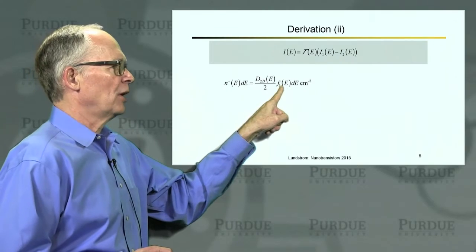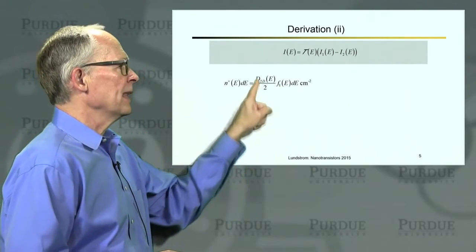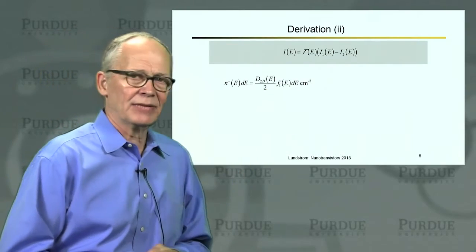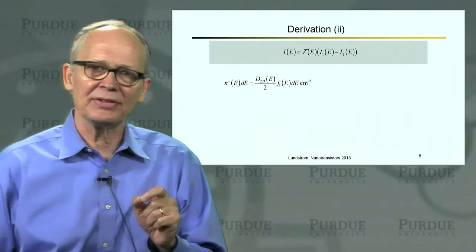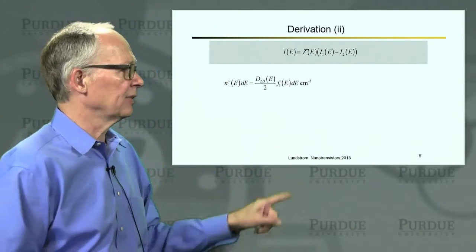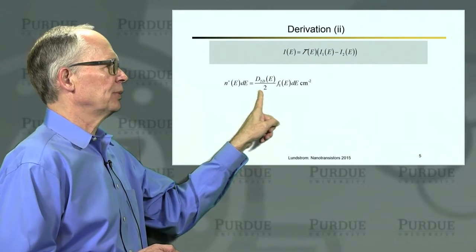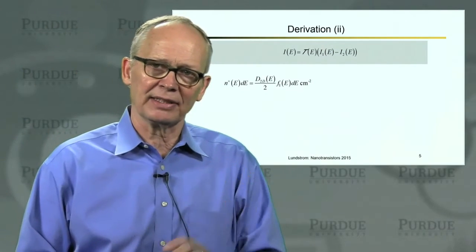The states are populated according to the Fermi function of contact 1. And the number of states is given by the density of states times dE. But only half of the states, everything is symmetric. Half have a positive velocity, half have a negative velocity. So I can write down this expression for the number of electrons with a positive velocity at this particular energy range, E plus dE.